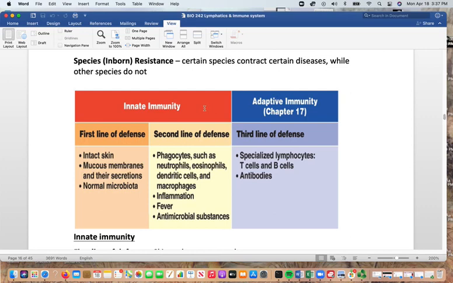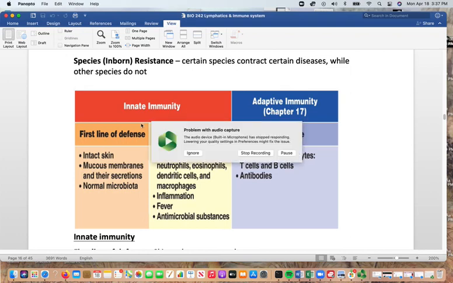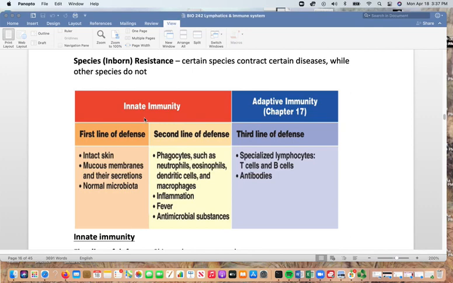So this gives us a way of being able to kind of visualize the groupings of the immune system. For innate immunity, you've got your first line of defense and second line of defense. Your first line of defense would include skin, mucous membranes and their secretions, and the normal microbiota.